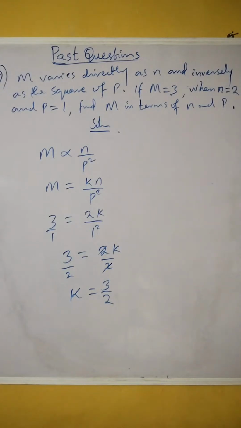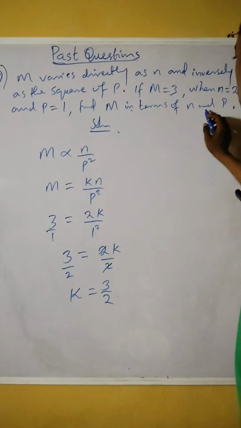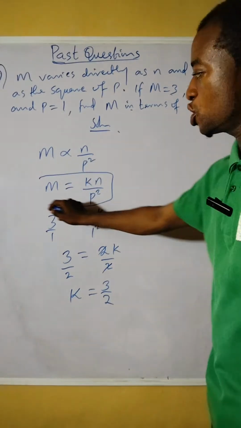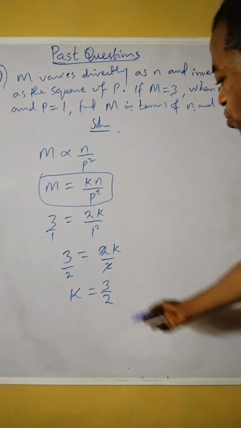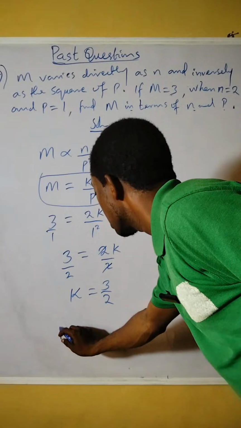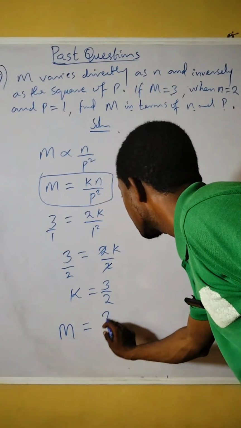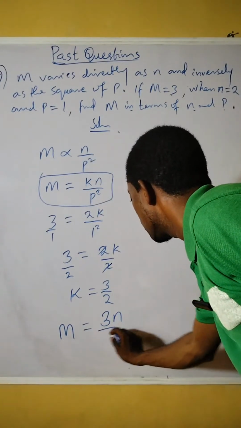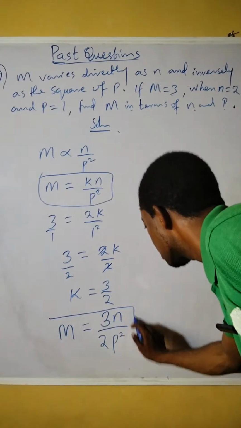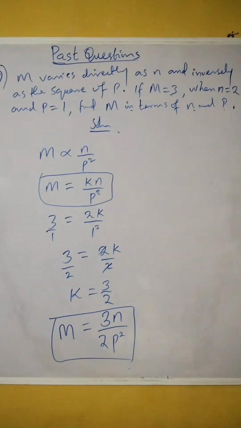Now, what we are finding, which is m in terms of n and p, is that we write this equation back and we put in the value of k. That is, m will now be equal to 3n over 2p squared. So that is the final answer to that.